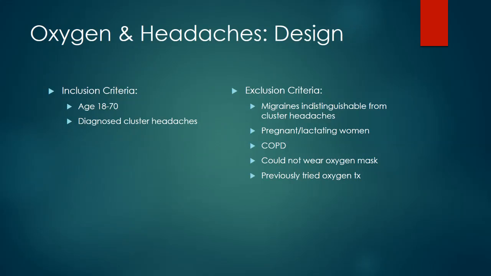As one of their later exclusion criteria that you can see here, they excluded people who had previously tried oxygen treatment for cluster headaches. But part of the reason for the COPD exclusion would be to exclude anyone who is currently using oxygen for another reason. And finally, they excluded people who couldn't wear the oxygen mask. So pretty reasonable set of exclusion criteria, which is good because this means that the results are likely to be generalizable to a broader population.